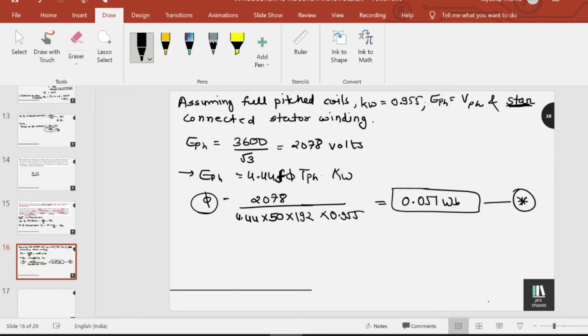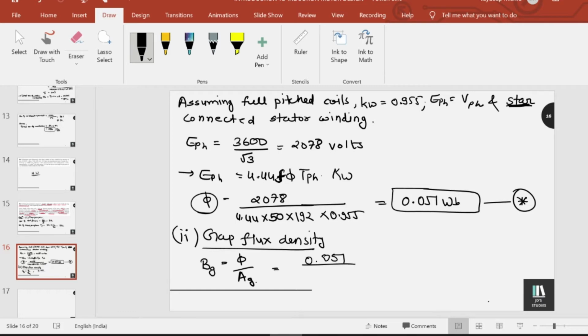Second is gap flux density. We have the value of phi, but we don't have the value of Ag, so first of all we will find Ag. Flux per pole 0.051 divided by Ag, where Ag is pi D L divided by the number of poles.